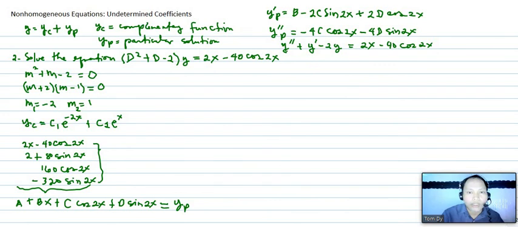Instead of writing y, we will make use of y sub p. So here we have negative 4c cosine of 2x minus 4d sine of 2x.